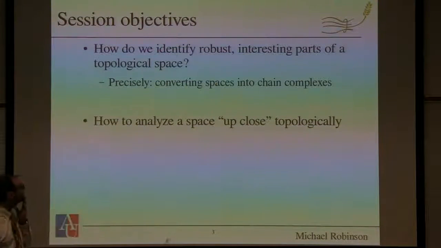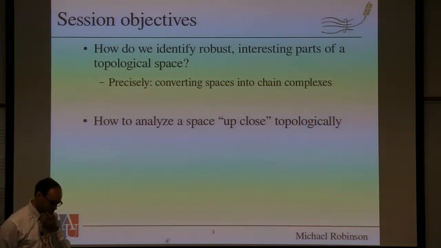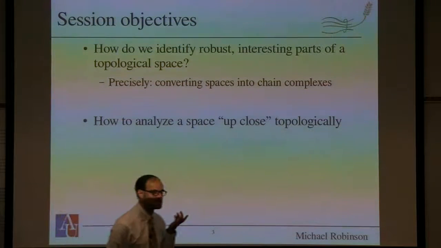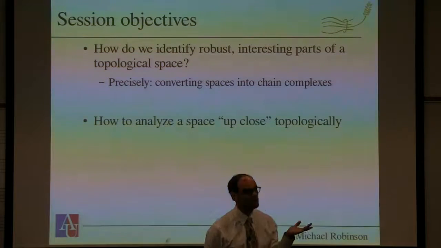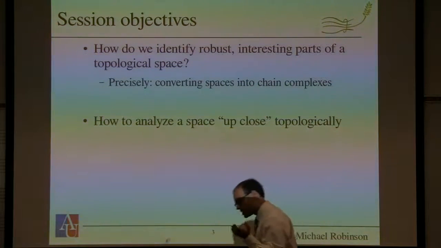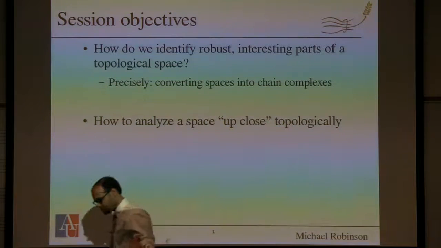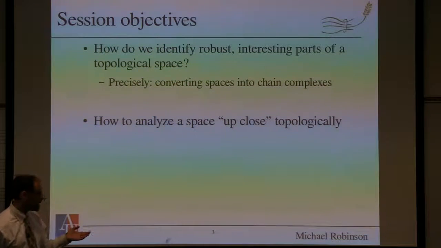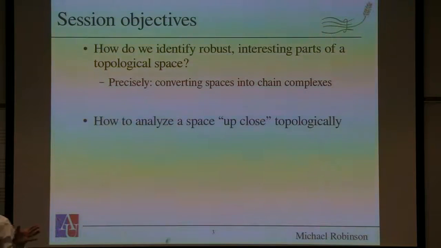So what do we want to do? We want to identify robust and interesting features of topological spaces, i.e. those features that are robust to large perturbations. Precisely convert our spaces into linear algebra. And how do we do that? We're going to turn them into chain complexes.